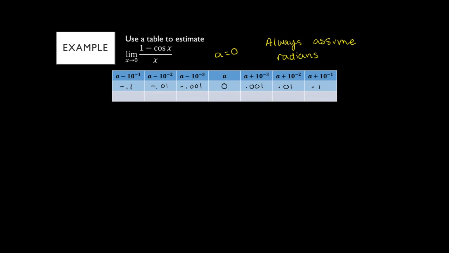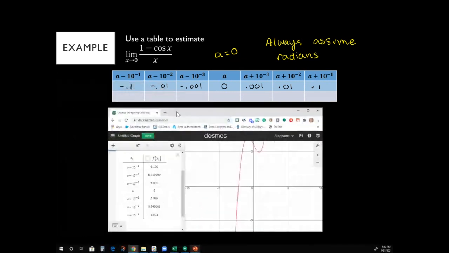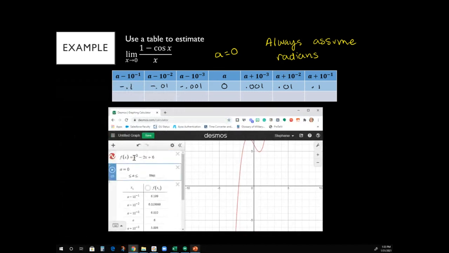So I'm going to pull up Desmos here. Now Desmos assumes radians, just like math, where everything is assumed radians. Desmos is operating in radians. So when you enter in your thing, you can be sure in Desmos that it's going to be in radians.